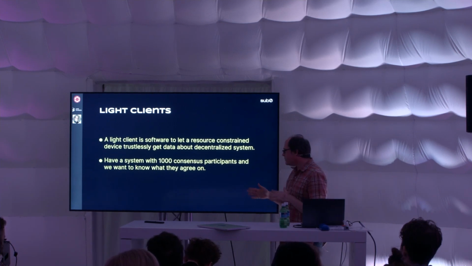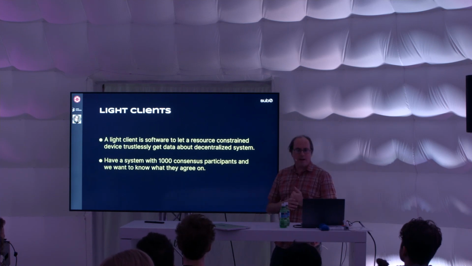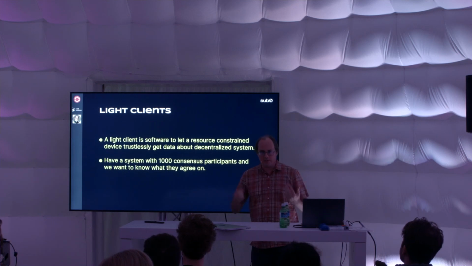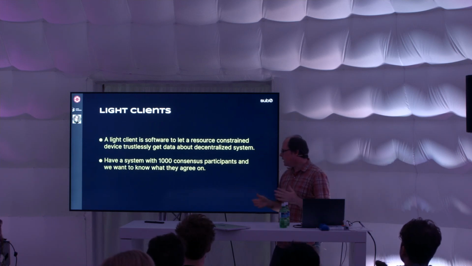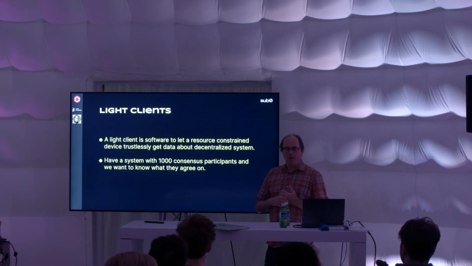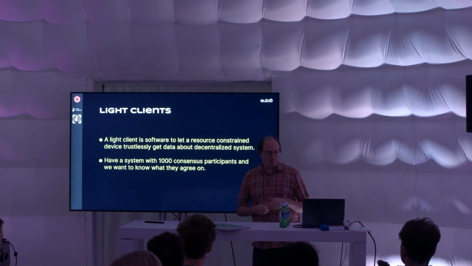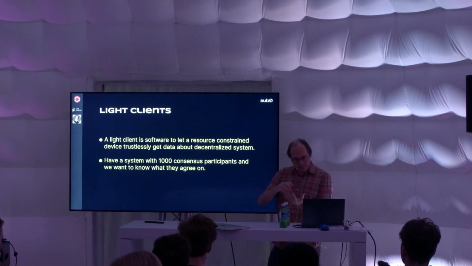And we have our consensus system with hundreds to thousands or more validators, and they go and agree on something. In Polkadot by, say, Grandpa, and we want to convince a thing in the browser, on your phone.